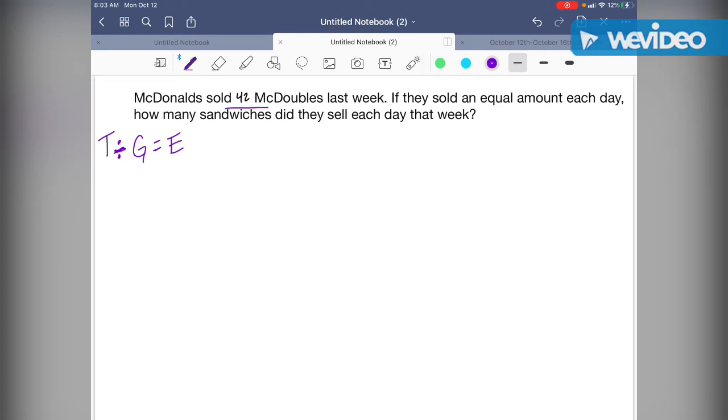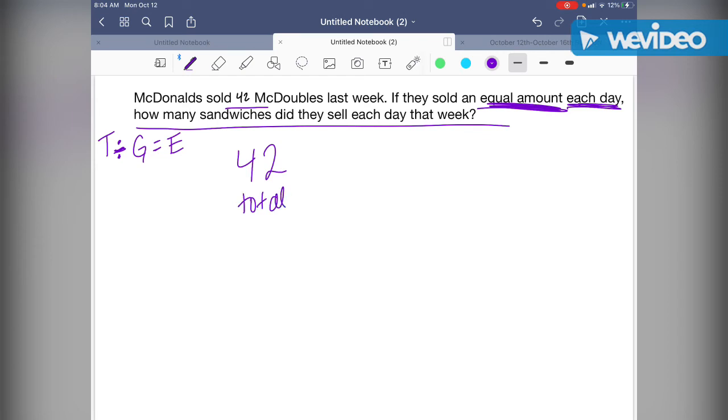McDonald's sold 42 McDoubles last week. If they sold an equal amount each day, how many sandwiches did they sell each day that week? Do I know how many McDoubles they sold altogether? Yeah, they sold 42 McDoubles. That is the total. Do I know how many days are in a week?